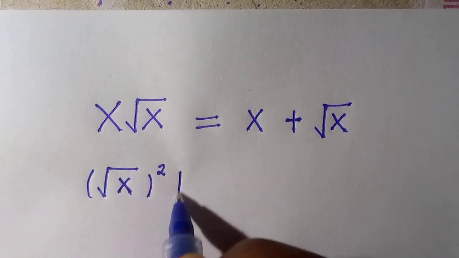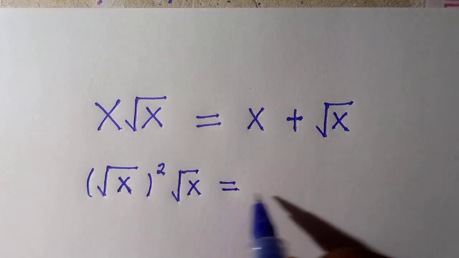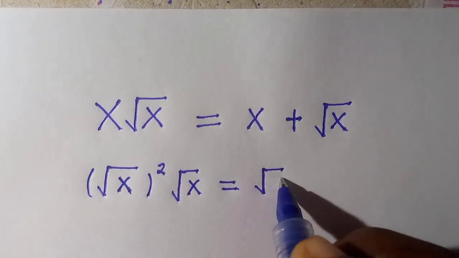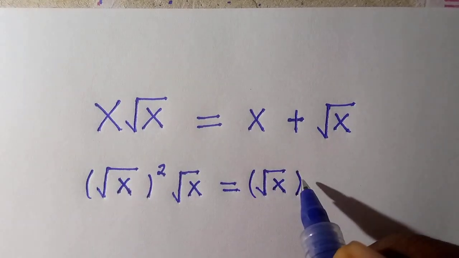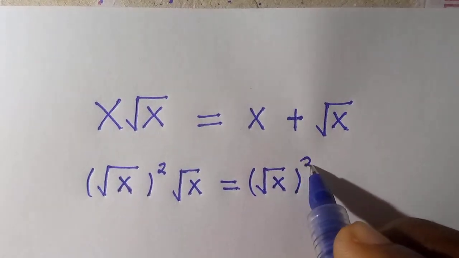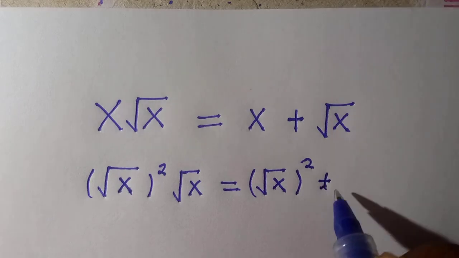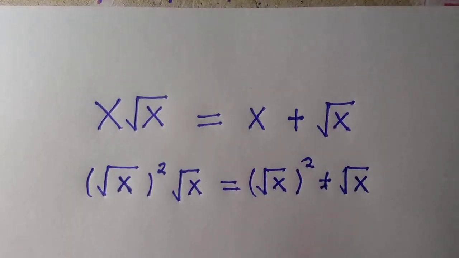Then we have the second square root equals, similarly with this one, we have it as square root of x raised to power of 2, equal plus square root of x.